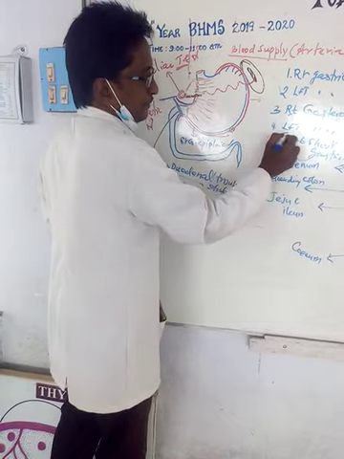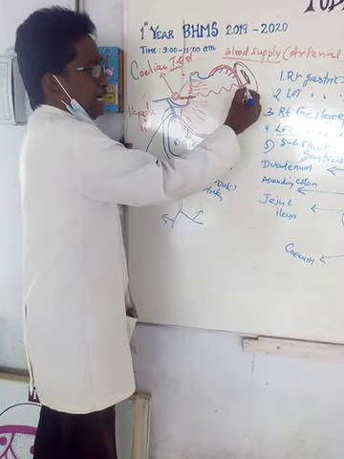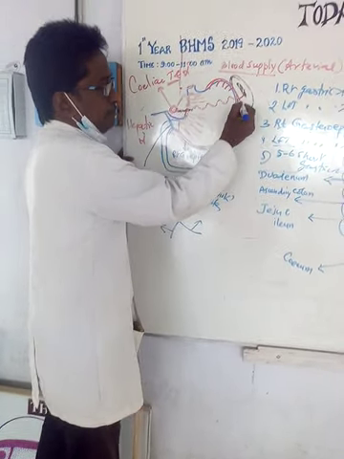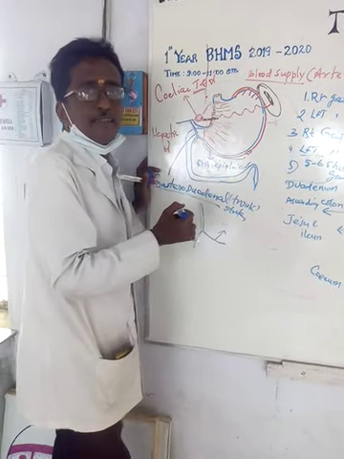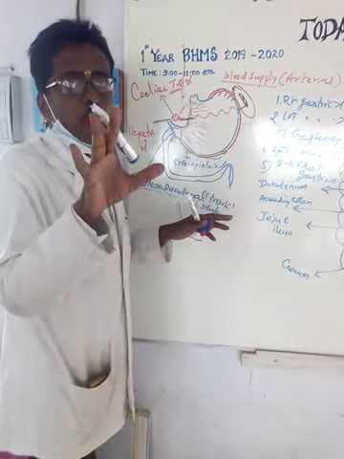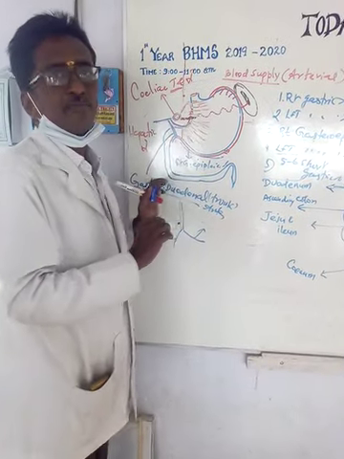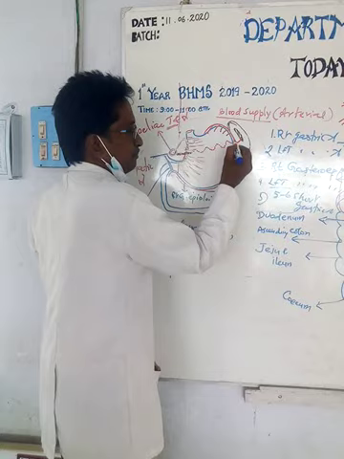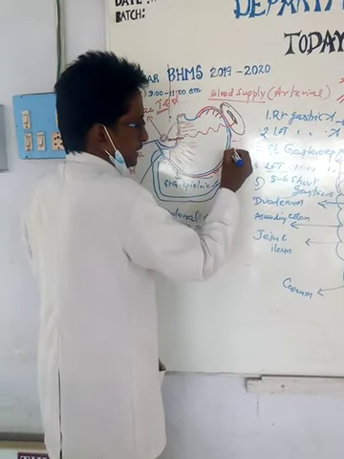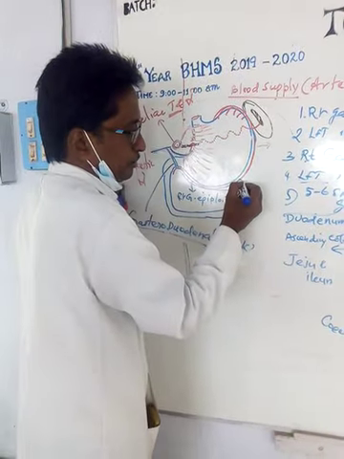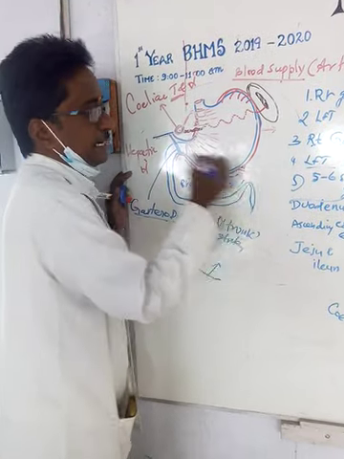Now next is the left gastroepiploic artery. The left gastroepiploic artery starts from the splenic artery. Splenic artery is a main branch of the celiac trunk. From the splenic artery it runs downwards along the greater curvature of the stomach and anastomoses with the right gastroepiploic artery.